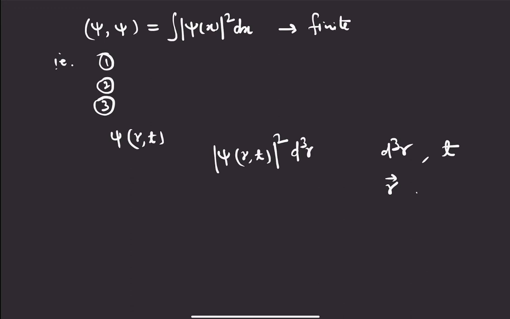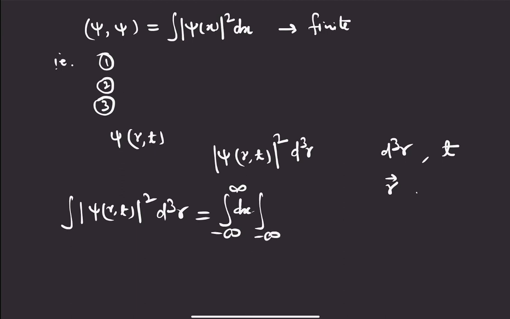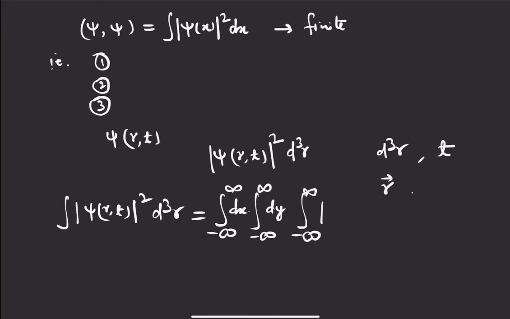That is, the integral of |psi(r, t)|^2 d^3r, which is the integral from minus infinity to infinity dx, minus infinity to infinity dy, and minus infinity to infinity of |psi(r, t)|^2 dz, should be 1.